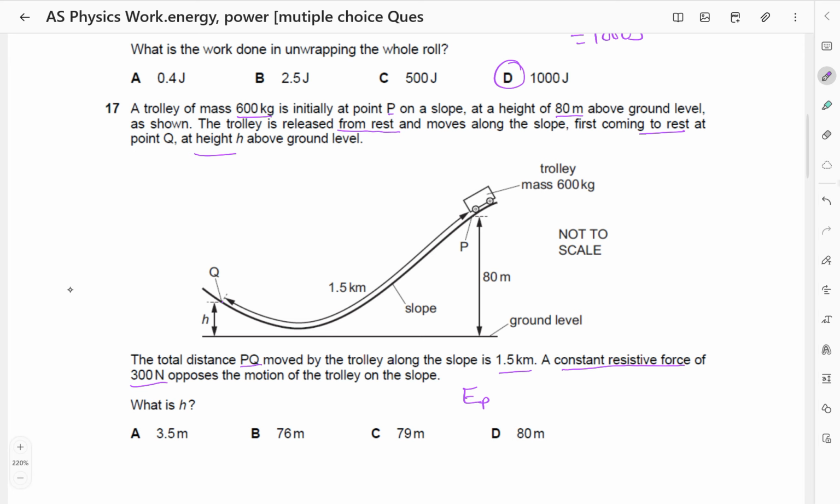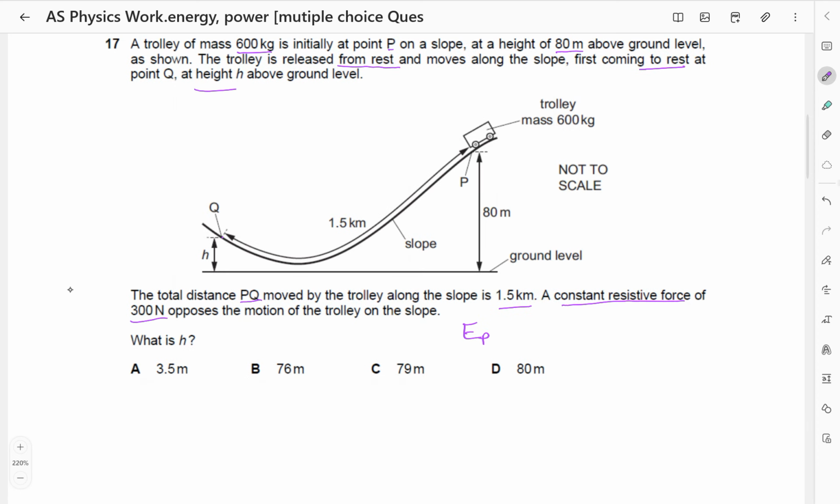The trolley is released from rest and moves along the slope, first coming to rest at point Q at height h above ground level. The total distance PQ moved by the trolley along the slope is 1.5 kilometers. A constant resistive force of 300 newtons opposes the motion of the trolley on the slope.